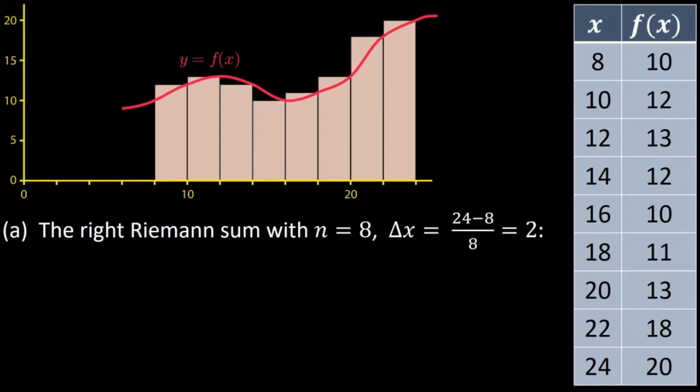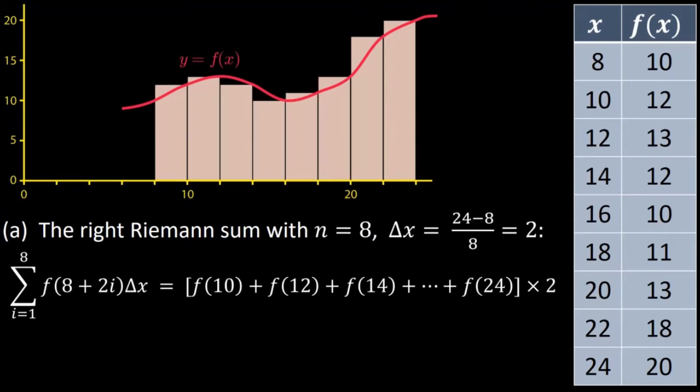Some problems might actually ask you, in addition to determining the Riemann sums, to sketch the rectangles on the graph to show that you actually are aware of what you're doing. Now you can see the heights of the rectangles are the function values listed in the second column of my table, all except the first entry, which we don't need yet.